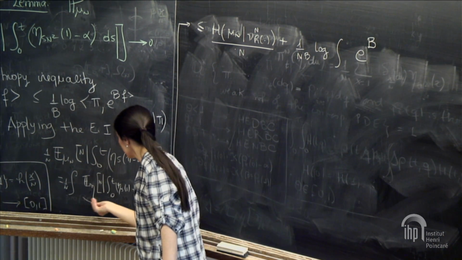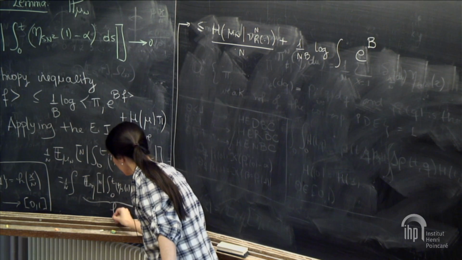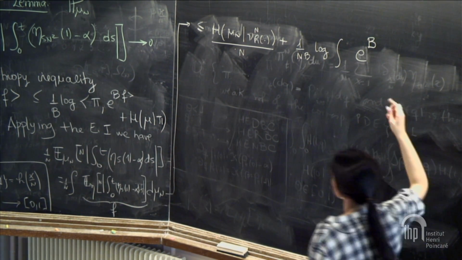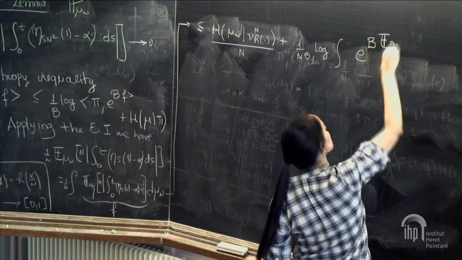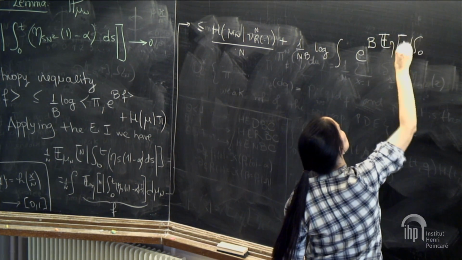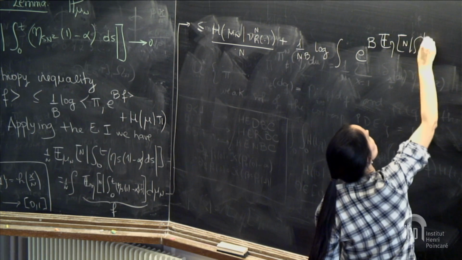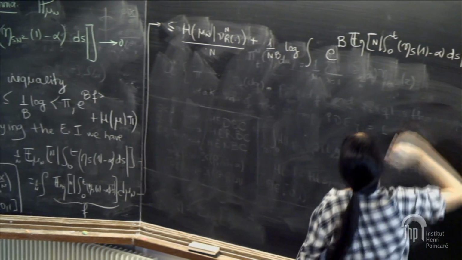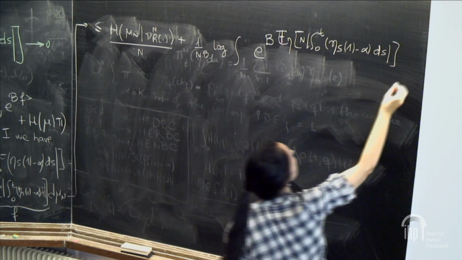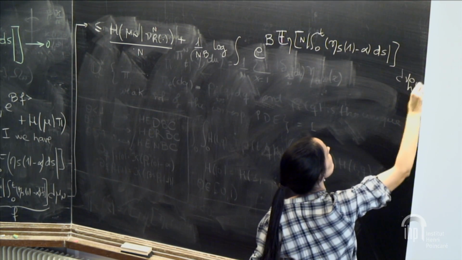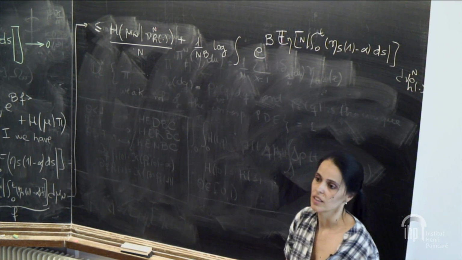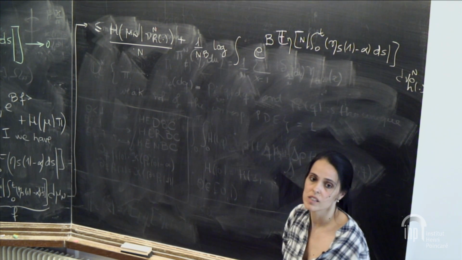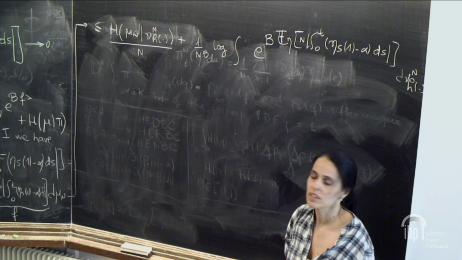This is my f. You agree? So here I have b times the exponential, there is an n with t. Yeah, the log of this thing with respect to d mu h n. Okay? Is it okay? Yeah.